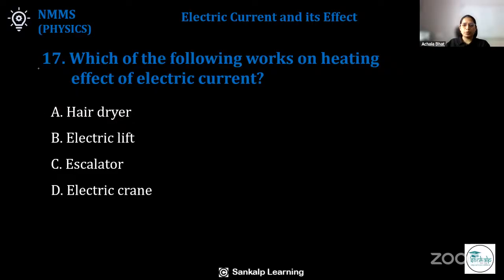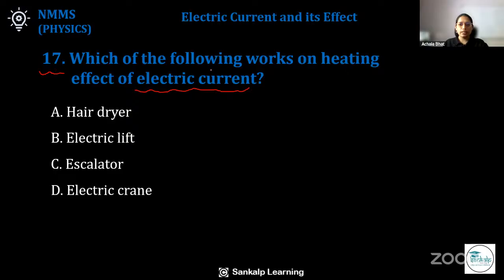Let us see question number 17 of NMMS Physics chapter Electric Current and its Effect. Which of the following works on heating effect of electric current? Heating effect of electric current means when electricity is passed through any object, it produces heat.